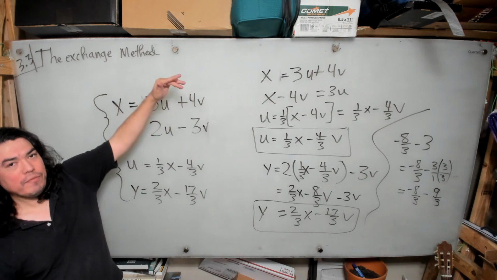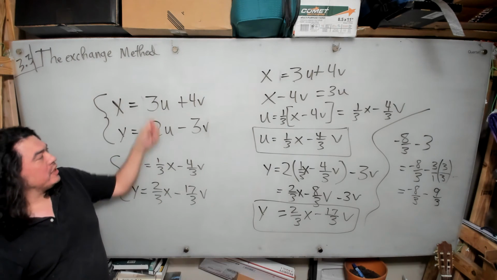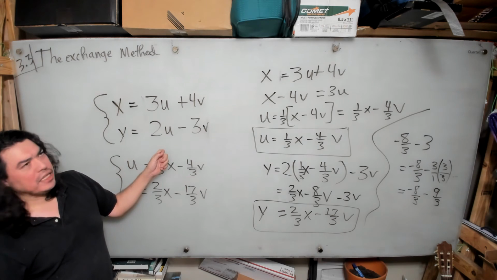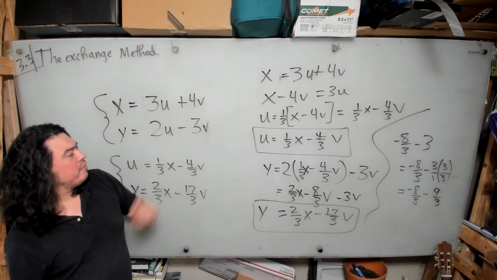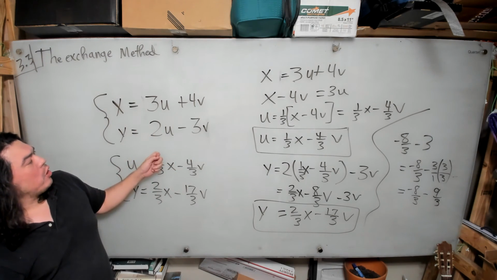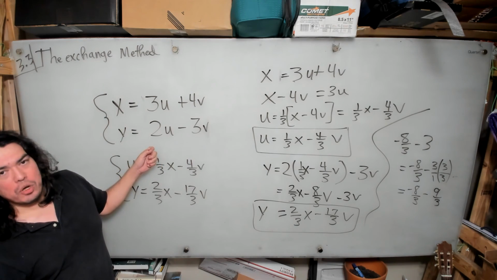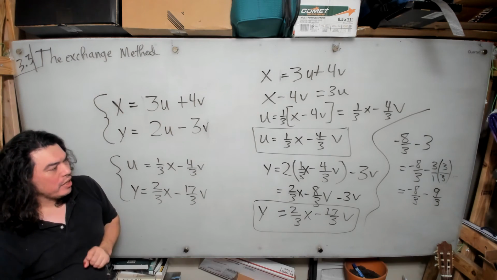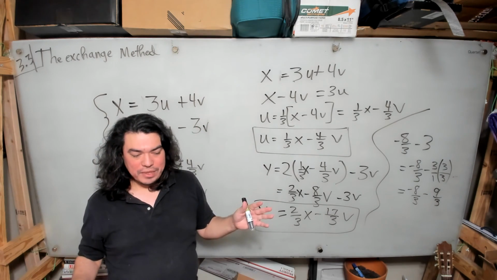And that would be the same if I had more equations here. Like if I had a third equation, z equals, let's say, 4u plus 5v whatever, that one would also have had 5/3 when I made this system. Anyway, I'm going to stop there.